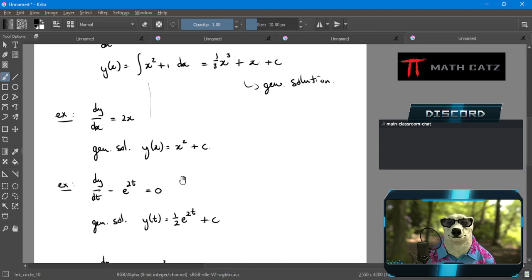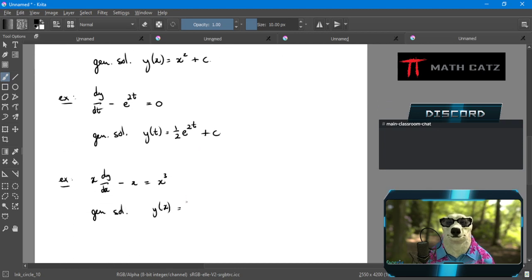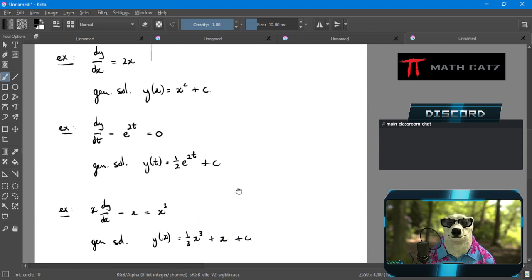Over there, 1/3 x cubed plus x plus c. All right. There we have three examples for which finding the general solution was quite familiar once I understand what the equation is asking.